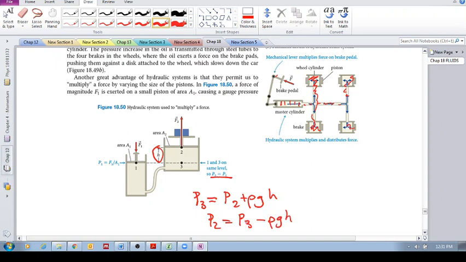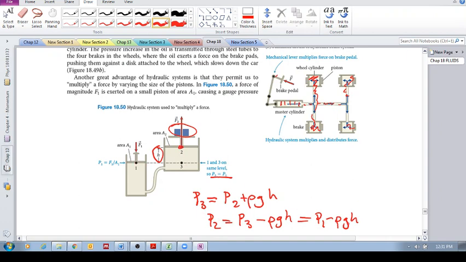But we know that pressure 3 is pressure 1, so we can say P1 minus rho g h. So pressure 2, the pressure that's applying an upward force on something over there, is equal to the pressure 1 minus rho g h.